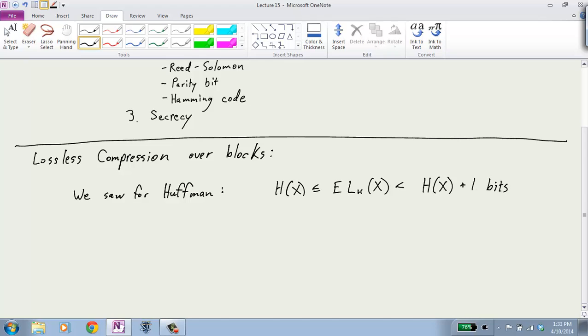Of course all prefix codes have to obey that first inequality, but Huffman being optimal will obey the second one as well. So this is a 1-bit gap in the bounds.